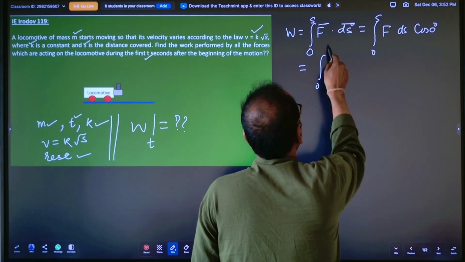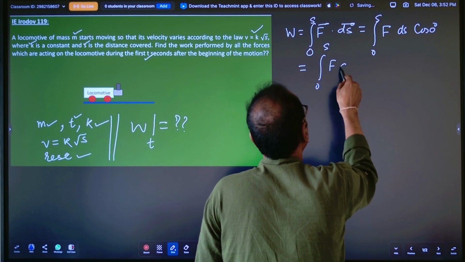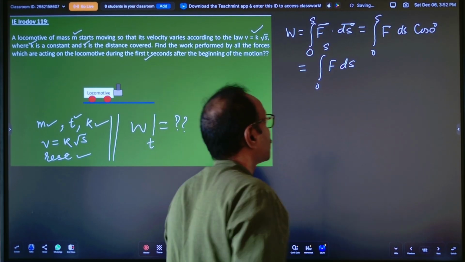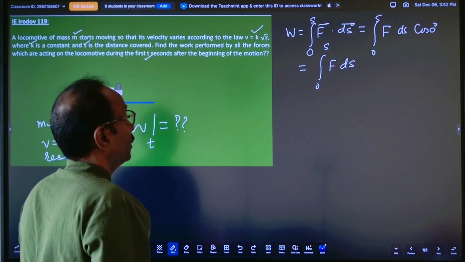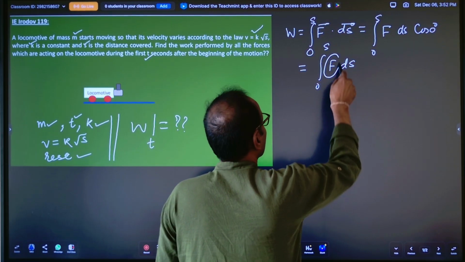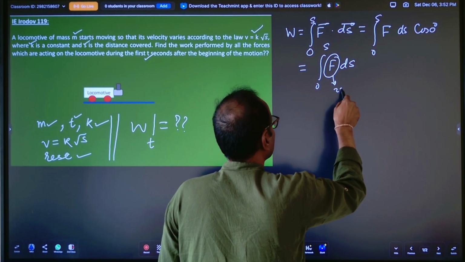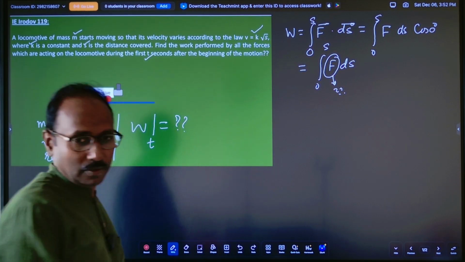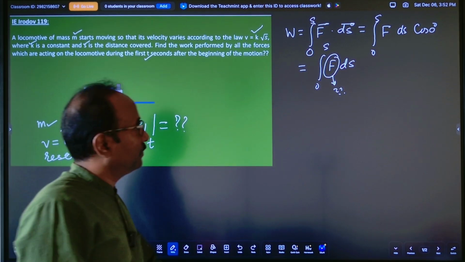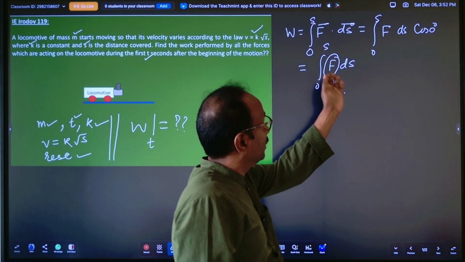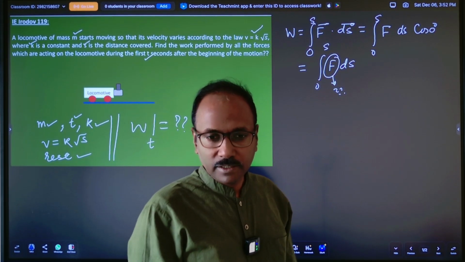So your equation has become this. We do not have any information about f. If we know f, we may be able to integrate it.